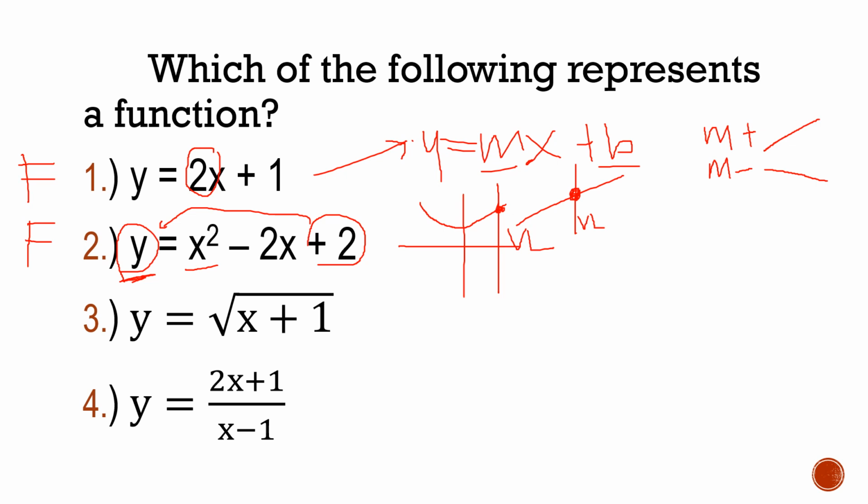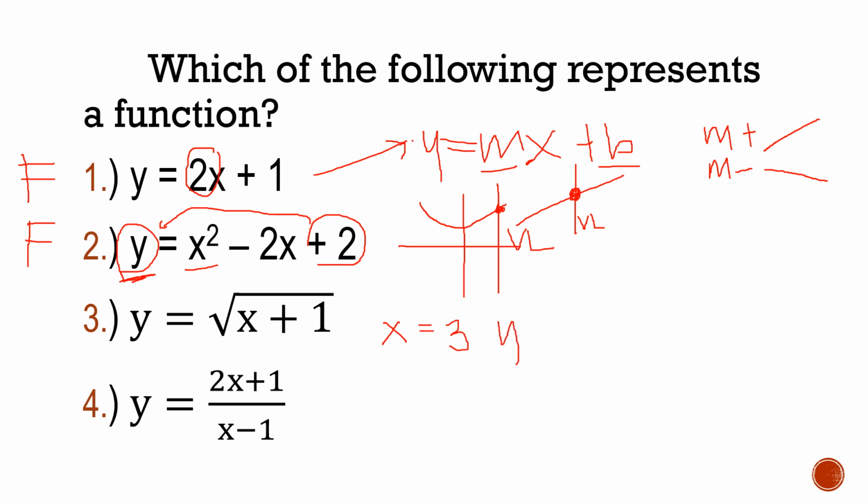Number 3. So now for number 3, y is equal to square root of x plus 1. There is a radical sign here, which is your square root sign. By simply putting an assumed value of x, we can identify if one value of x can provide you two or more values of y. Let's say your x is equal to positive 3.